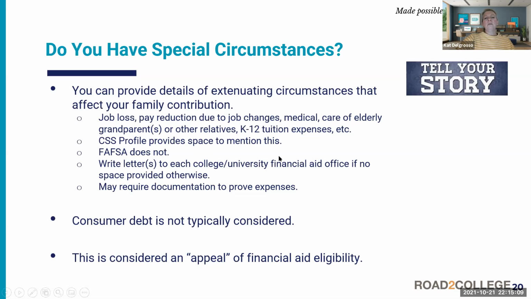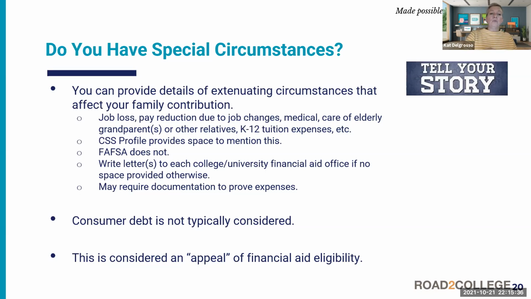So the profile, like I said, has that space for 2,000 characters for you to type in things, but the FAFSA doesn't have anything like that. You're all on this call tonight, which means you're probably applying to at least one CSS profile school. But just as an FYI, let's say you have 3 profile schools and then a 4th college that doesn't need the profile, they just need the FAFSA.